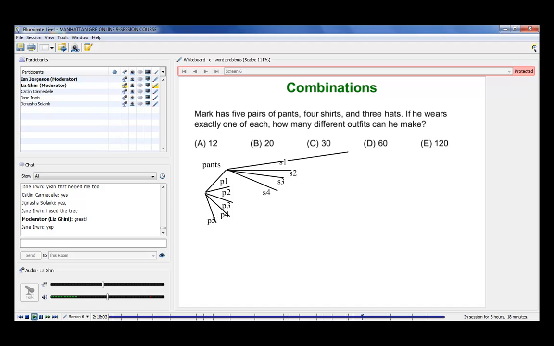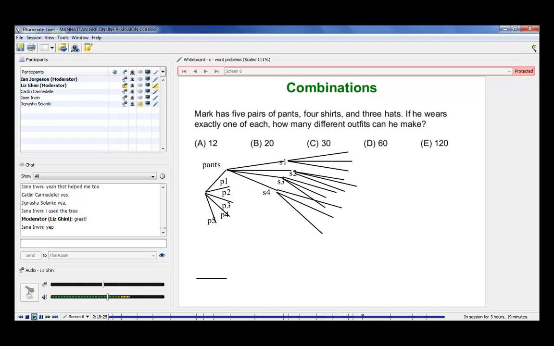And then for each pant and shirt combination, he has 3 hat combinations. Now this would be horrendous to draw the whole thing, but you can see that if you did, you would end up with 60 branches at the end, okay? And you would end up with 60 branches because you have to multiply.